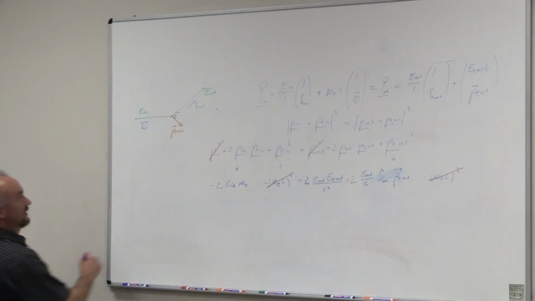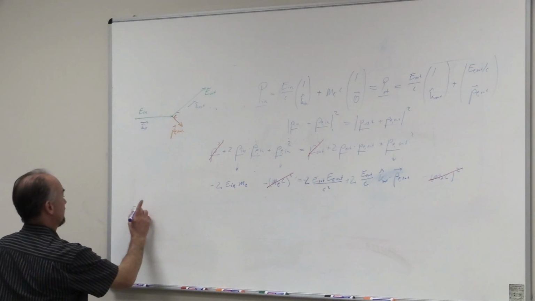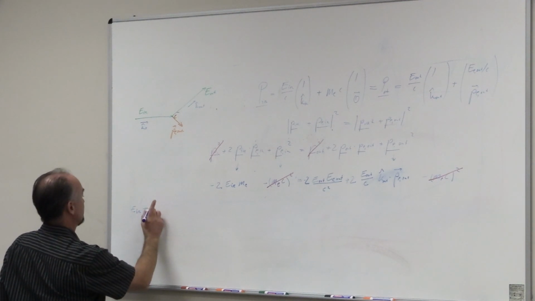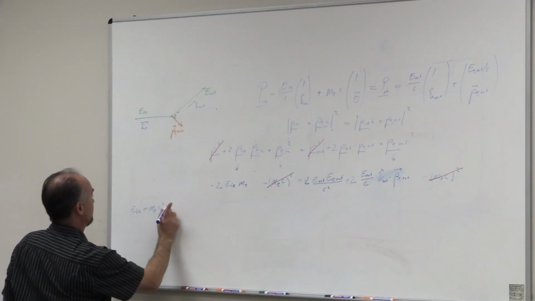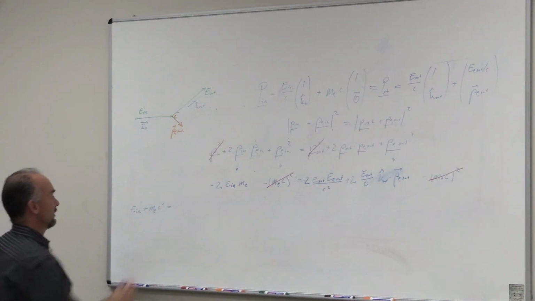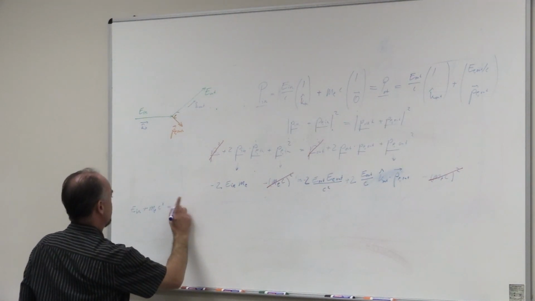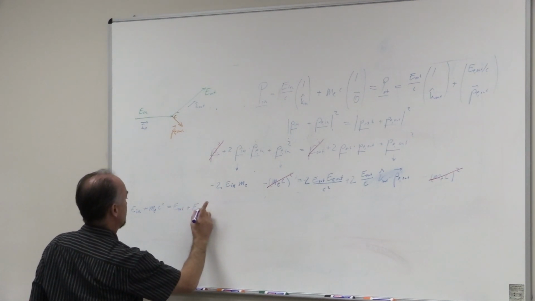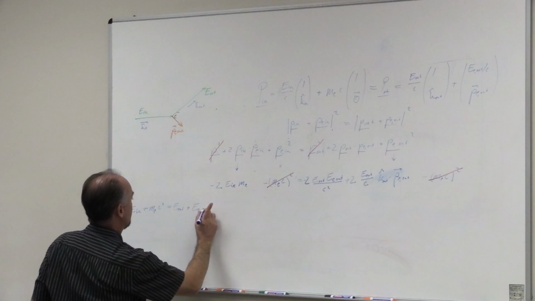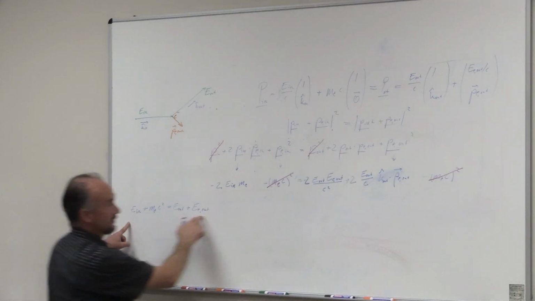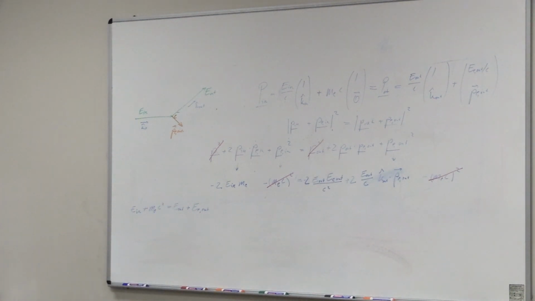Energy conservation tells us that the ingoing energy of the photon plus the m c squared, so that's the 0 component here, is the energy of the outgoing photon plus E_out, right? So there's one constraint here to get the E_out.